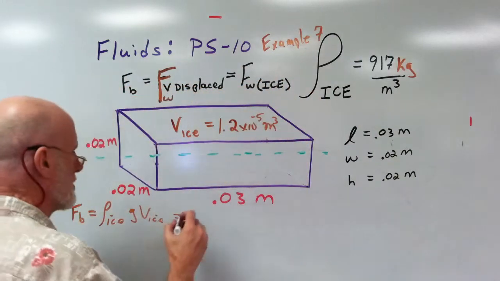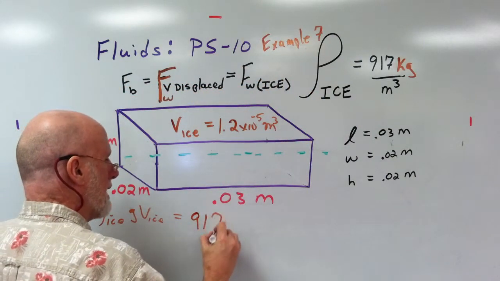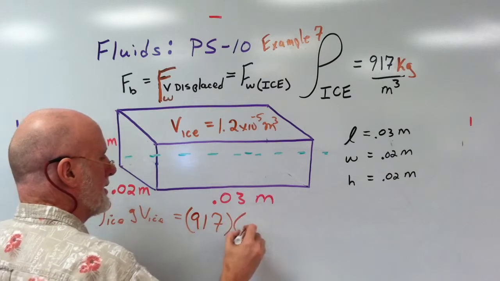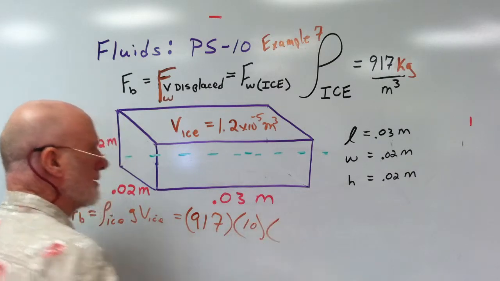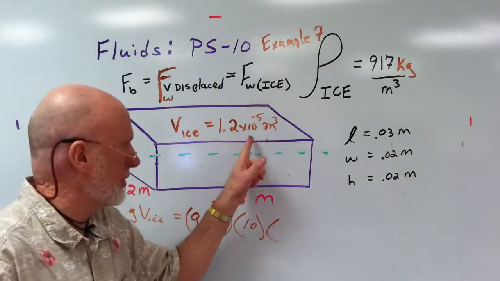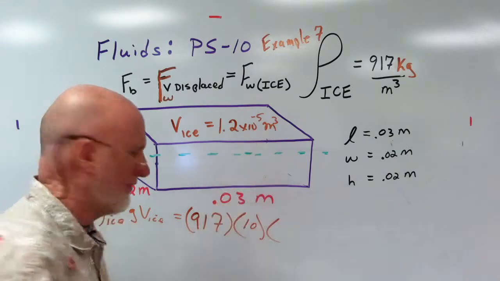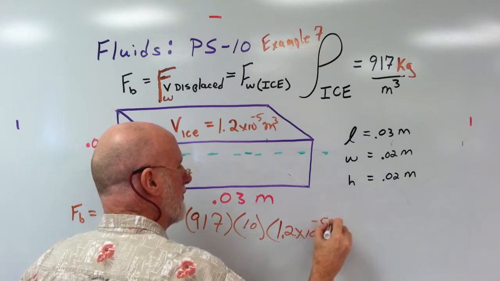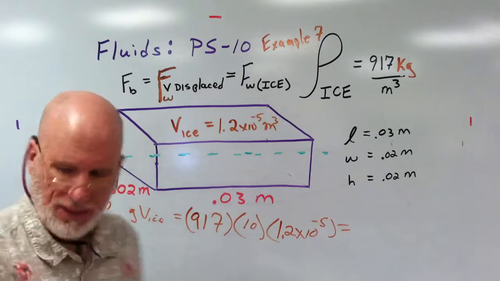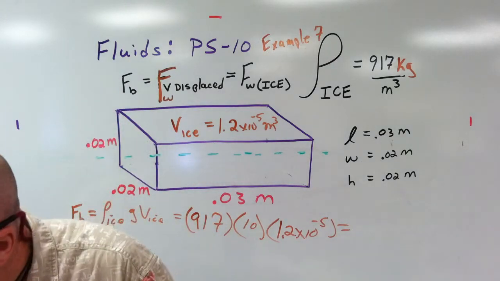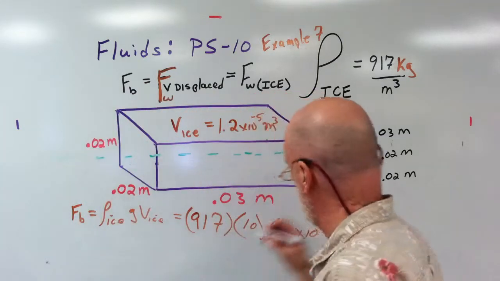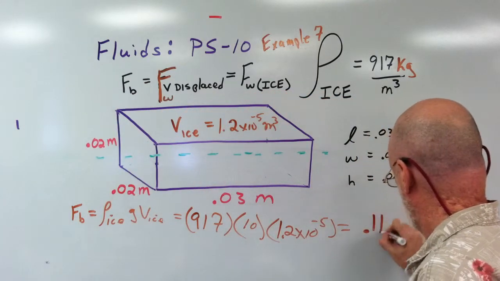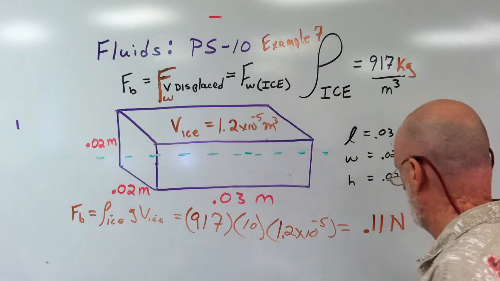So that's going to be 917 times 10 times 1.2 times 10 to the negative fifth. And that's going to be equal to 0.11.